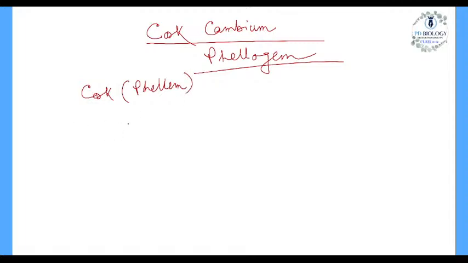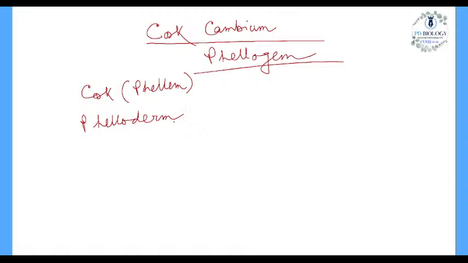The inner cells differentiate into secondary cortex or phelloderm. The cork is impervious to water due to the suberin deposition in the cell wall.